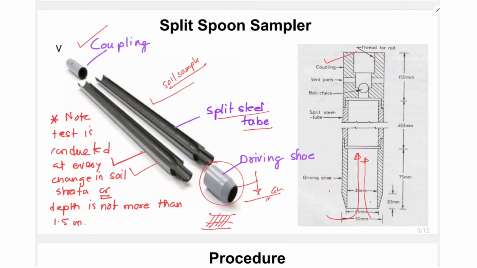If the strata is unchanged or uniform, then this test is continued at a distance of not more than 1.5 meters. At every 1.5 meters or less, we have to carry out the standard penetration test in case the strata is uniform. So this is about the split spoon sampler and the guideline for the number of tests in varying strata and similar strata.